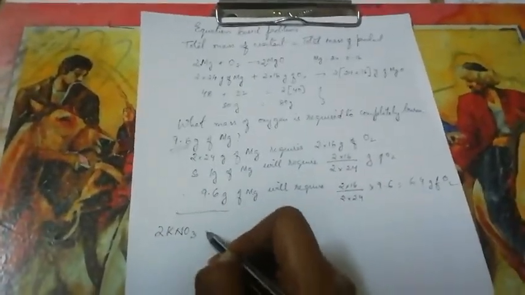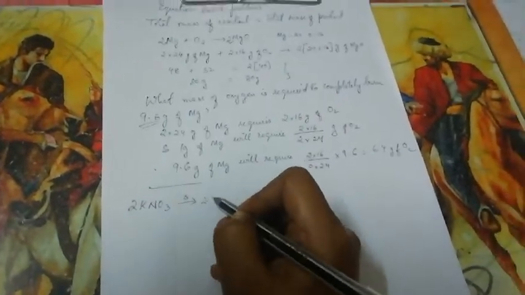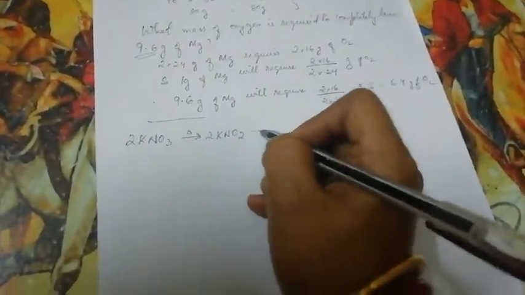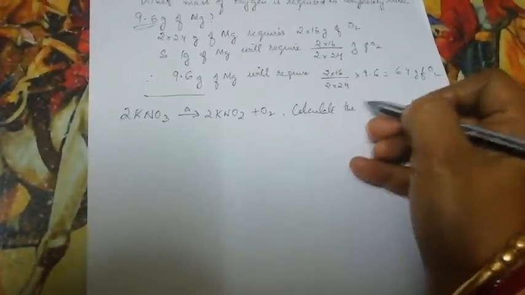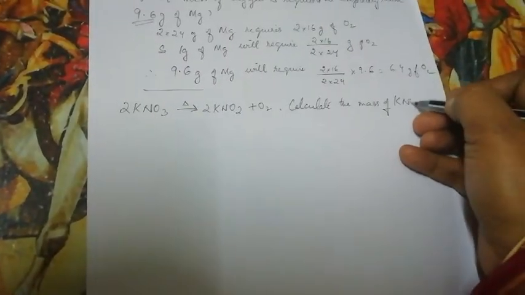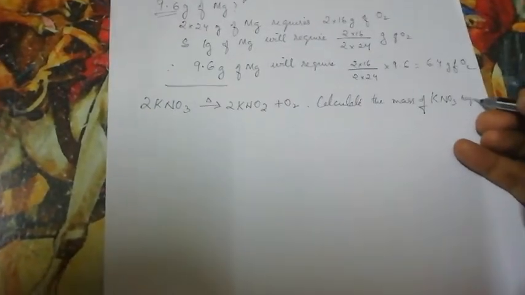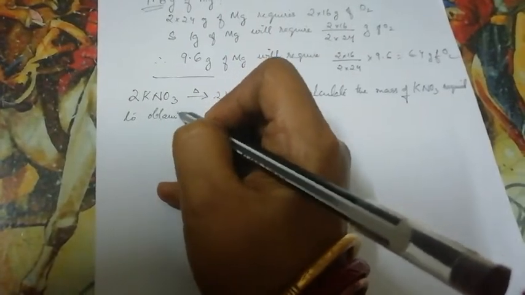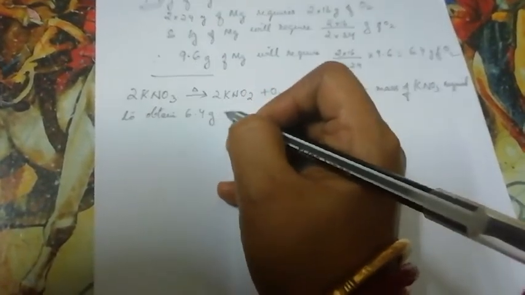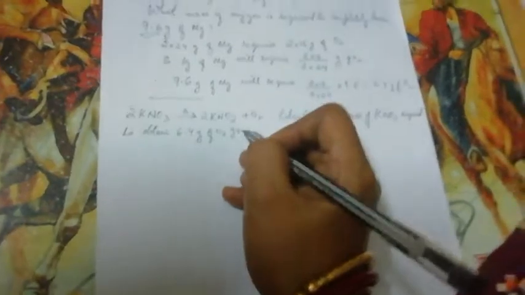Let us take another example. Suppose you have an equation where potassium nitrate on heating gives potassium nitrite plus oxygen, and you are asked to calculate the mass of potassium nitrate required to obtain, say, 6.4 grams of oxygen gas.